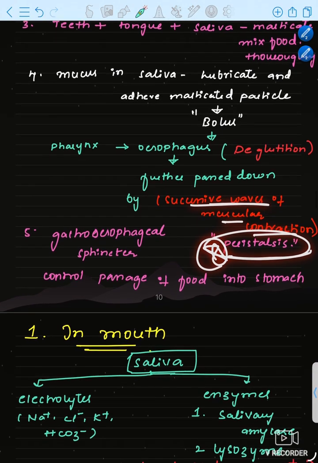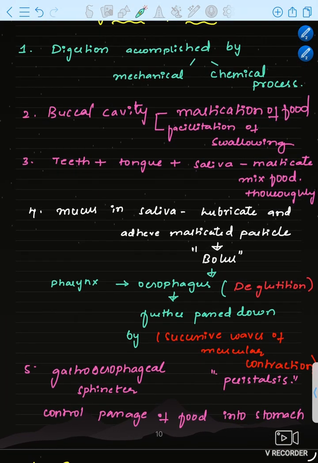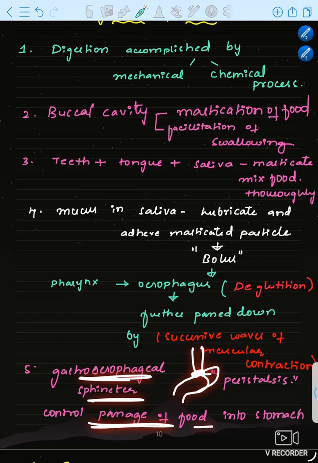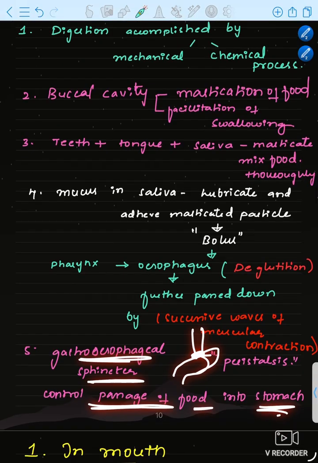Next, the esophagus moves down, and the next part is the stomach, right? Between the stomach and esophagus there is a sphincter, the gastroesophageal sphincter, which controls the passage of food into the stomach.